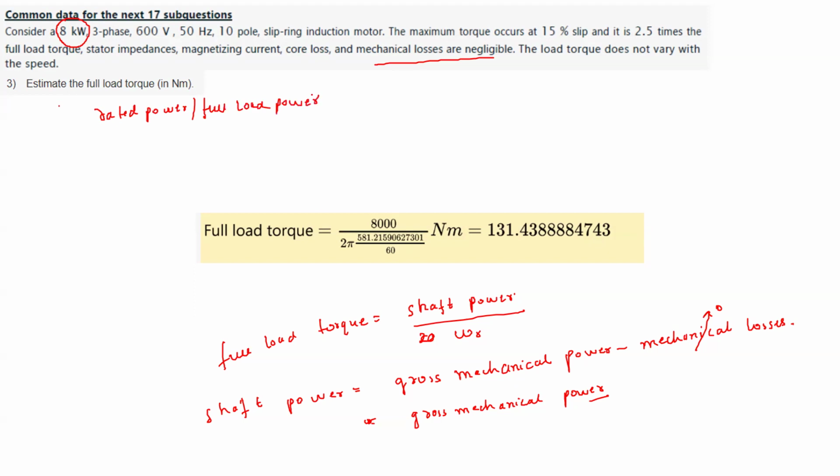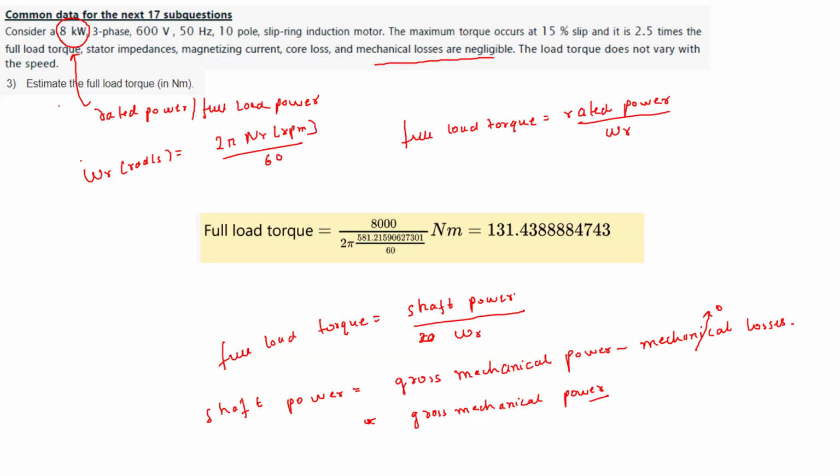Okay, when the question is given like this, you know that this is your rated power. So what you can do is you can just get the full load torque by rated power by omega r, where omega r is in radian per second. So omega r in radian per second is equal to 2 pi nr, which is in rpm, by 60.